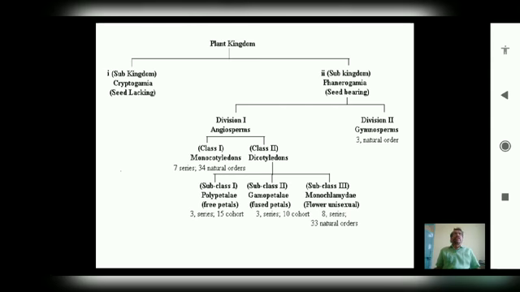They divided plant kingdom into cryptogamia and phanerogamia. Cryptogamia included the seed lacking plants, whereas the phanerogamia included seed bearing plants. And these seed bearing phanerogams were further divided into angiosperms and gymnosperms.